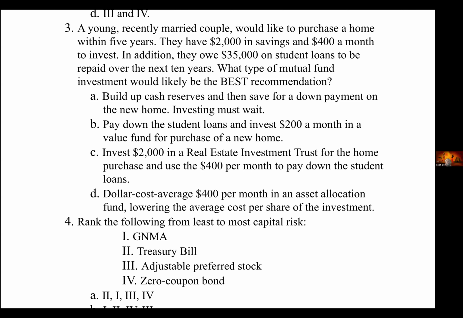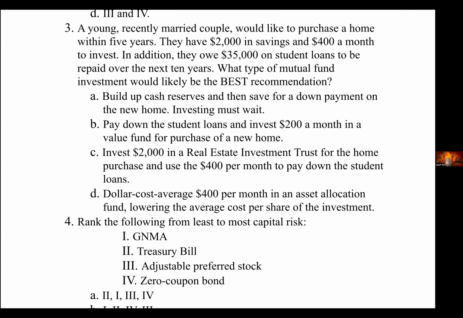In addition, they owe $35,000 in student loan debt to be repaid over the next 10 years. What is the best investment that you would recommend to this couple? So you, as the now licensed broker, you have to make a recommendation. A, build up cash reserves, then save for a down payment on the new home. Investing must wait.